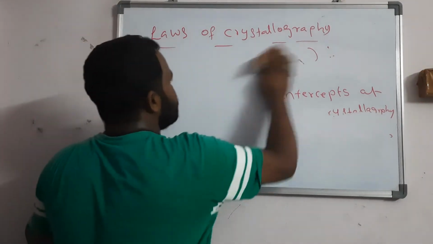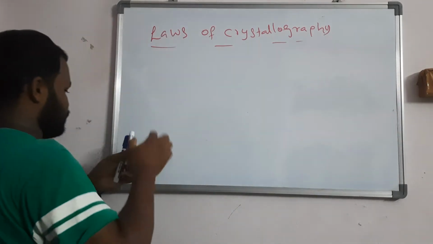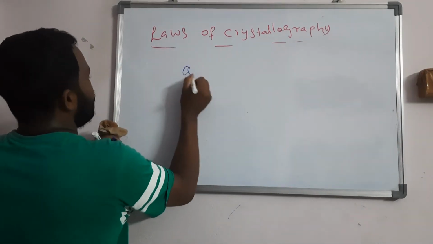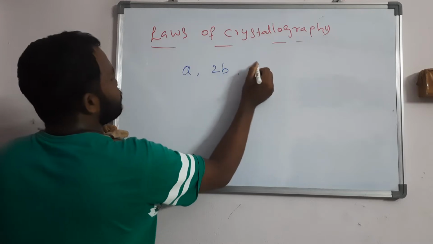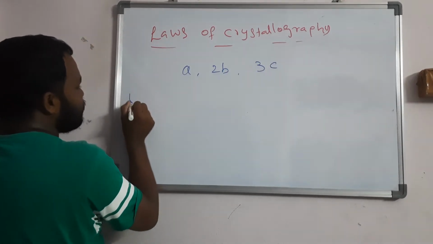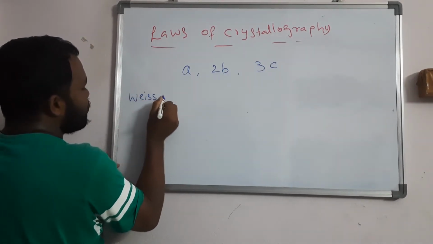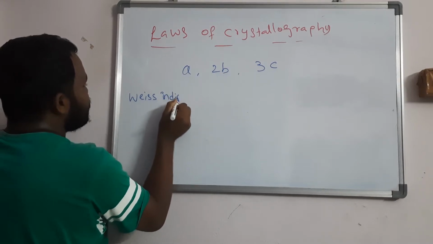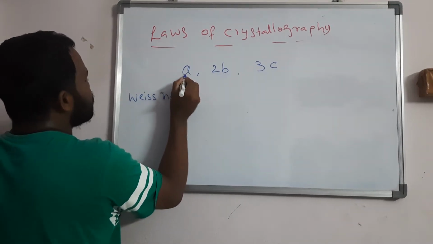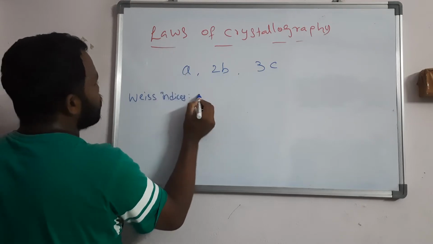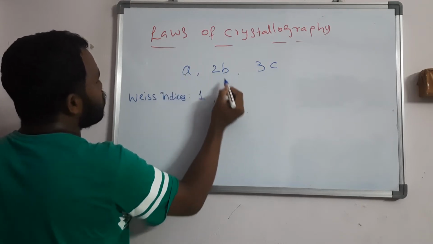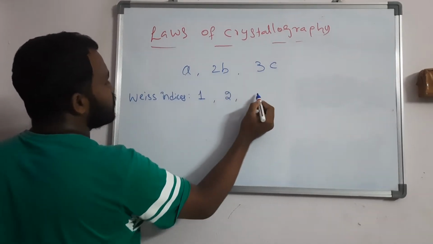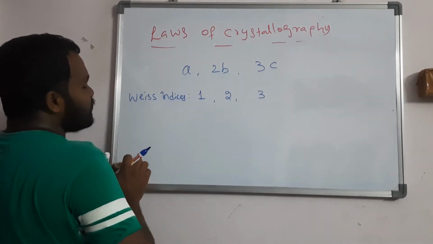First you should write the Weiss indices, which means the coefficients. The A coefficient is 1, the B coefficient is 2, and the C coefficient is 3. This is called Weiss indices.